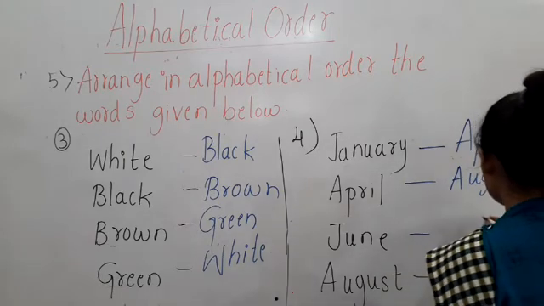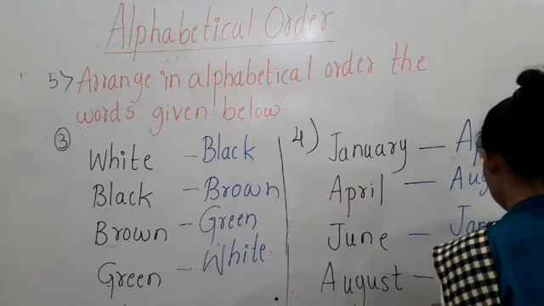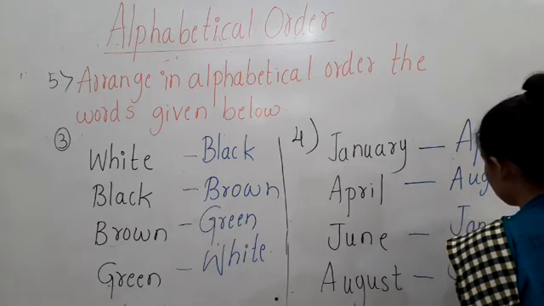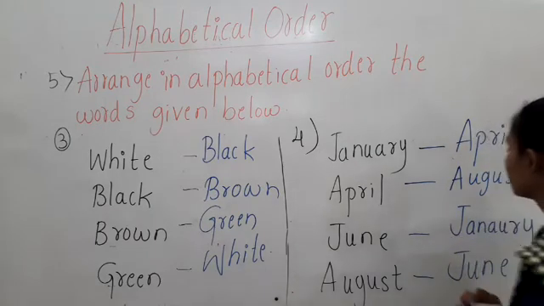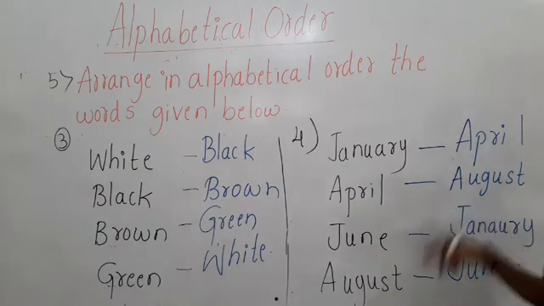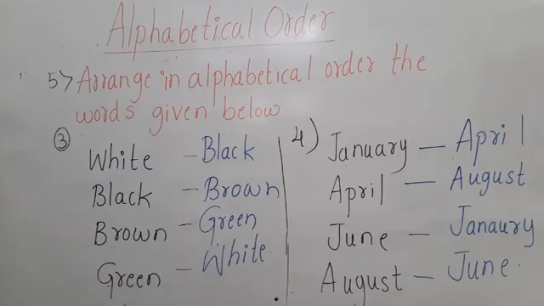Okay, then January, then June. Okay children, April, August, January, June. So like this we have to arrange the words in alphabetical order.